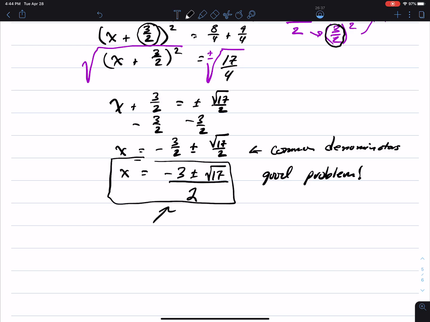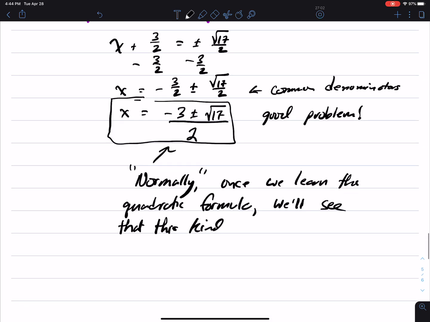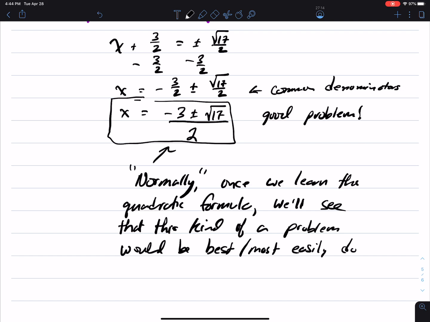Normally, once we learn the quadratic formula, we'll see that this kind of a problem would be most easily done with the quadratic formula.